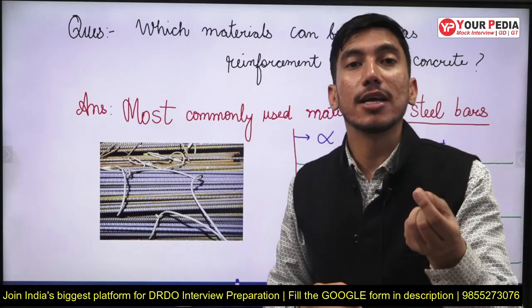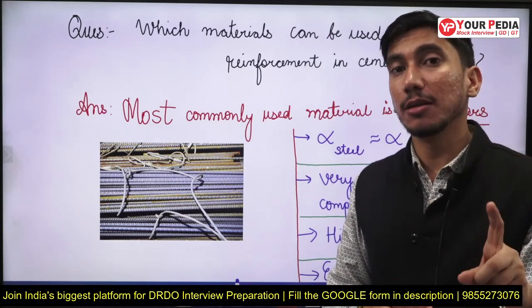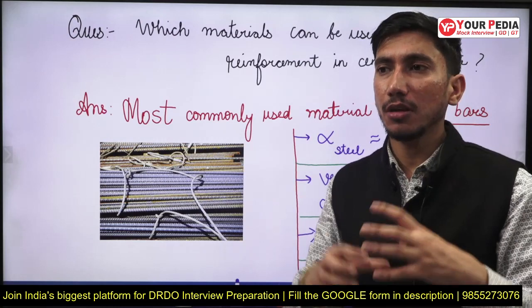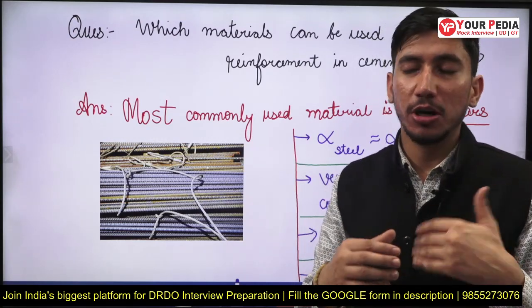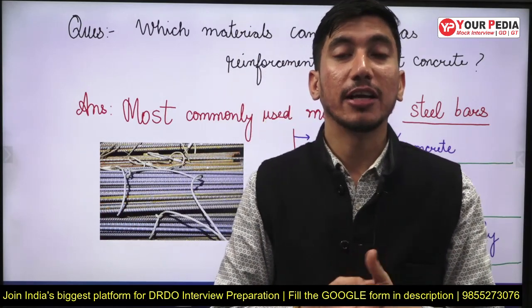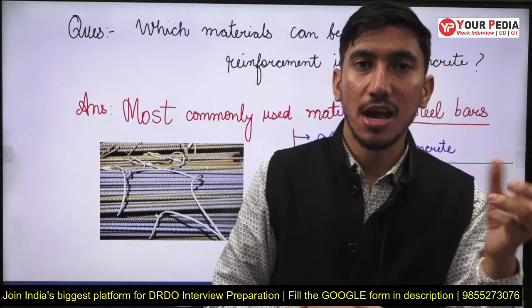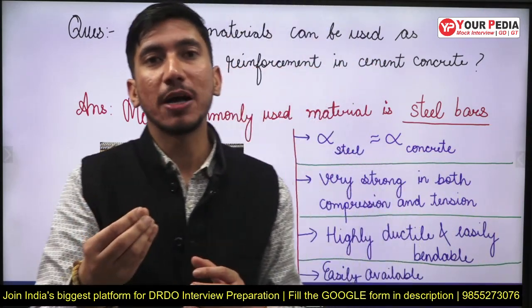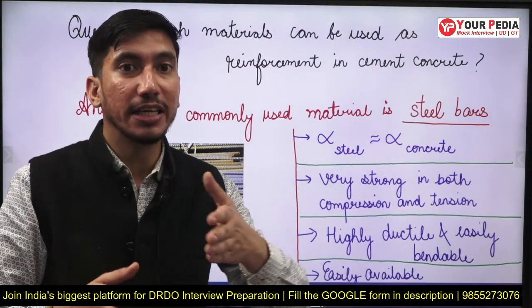That is called strain compatibility. Strain compatibility can only be possible when there is a proper bond. Now mostly we can provide this bond between any two materials. Most of the materials can be bonded together, but the problem is when temperature changes. When temperature changes, every material expands, but the degree of this expansion varies from material to material.